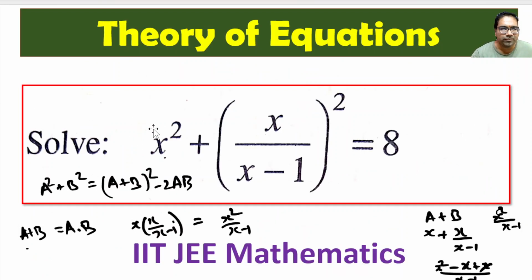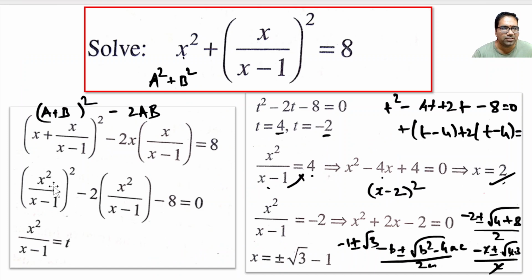We just understood that x and x/(x-1) are related in a peculiar way, where the sum of these two is equal to the product of these two, and we used that to get a common form, then replaced that with some t and solved the quadratic equation. Basically, we solved two quadratic equations.